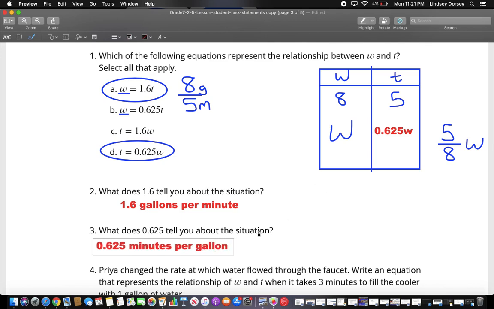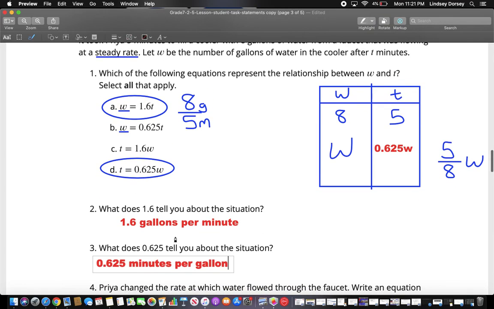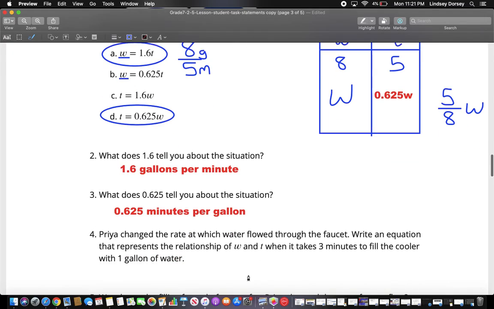So for each gallon of water that she fills in the cooler, it took 0.625 minutes to fill 1 gallon worth of water. So when your reciprocal, when your fraction switches, so do your units. So it was gallons per minute, and then it switched to minutes per gallon.